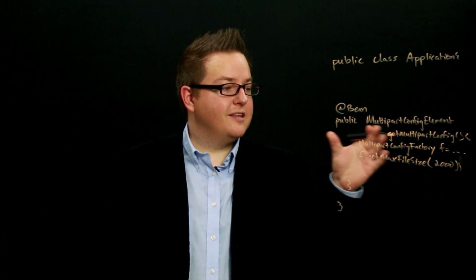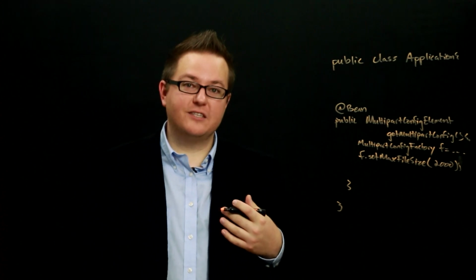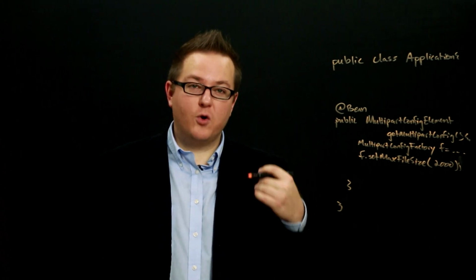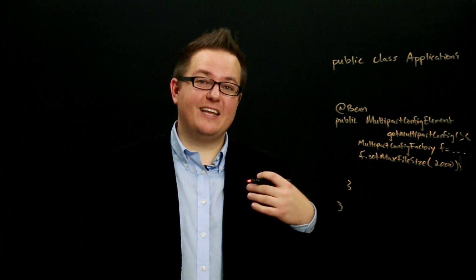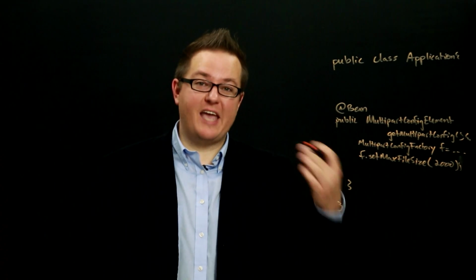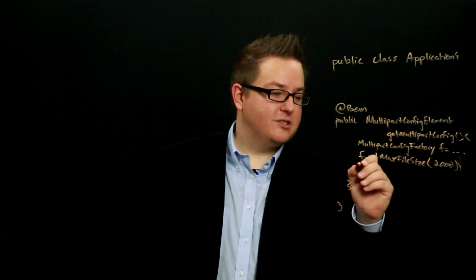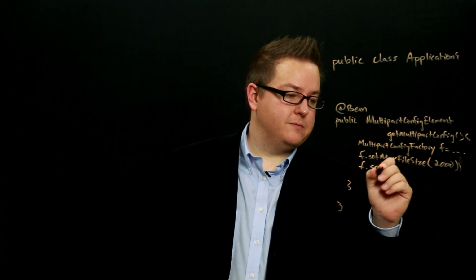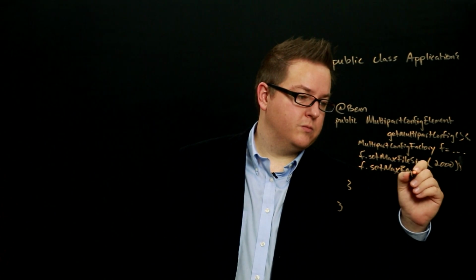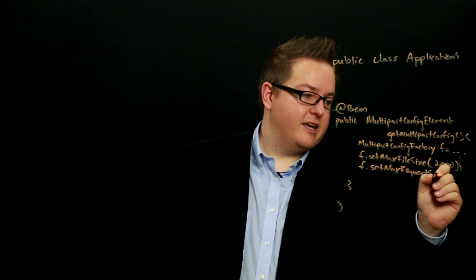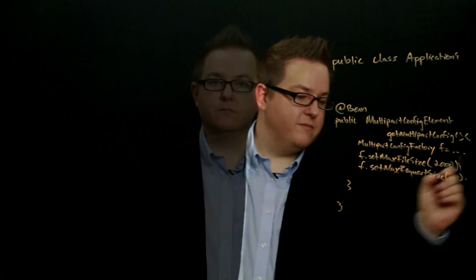This will set the maximum file size that we want to accept, but a request could potentially have more than one file in it. So we also may want to set a limit on the total size of any HTTP request that we receive. So we could say f.setMaxRequestSize and provide a value for it as well.